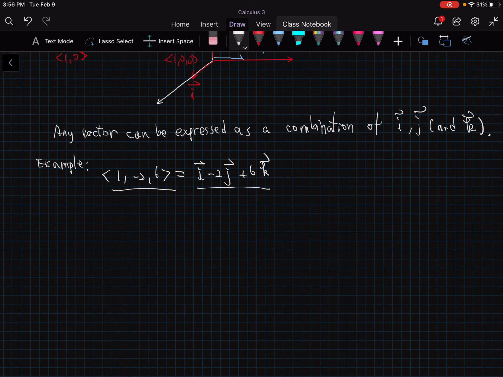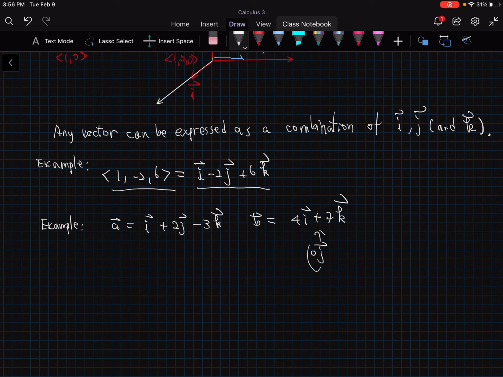Here is another example. If a equals I plus 2J minus 3K, and b is 4I plus 7K, the missing term, 0J, you have to come up with yourself.